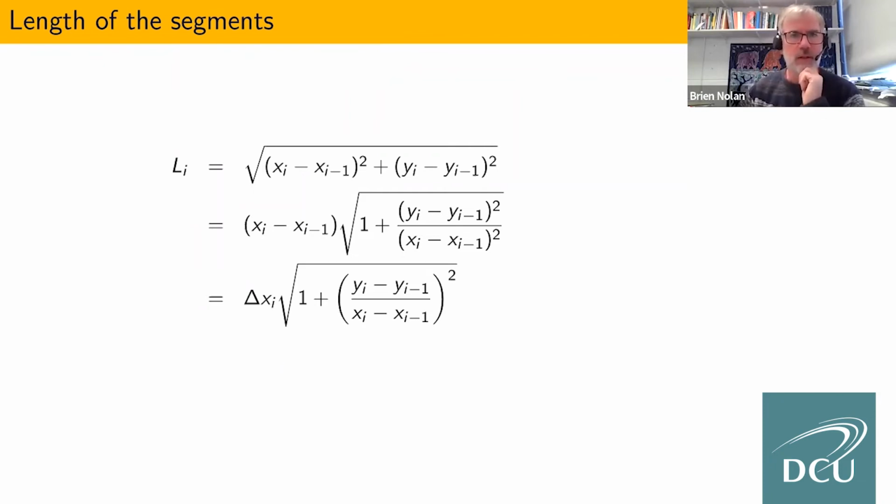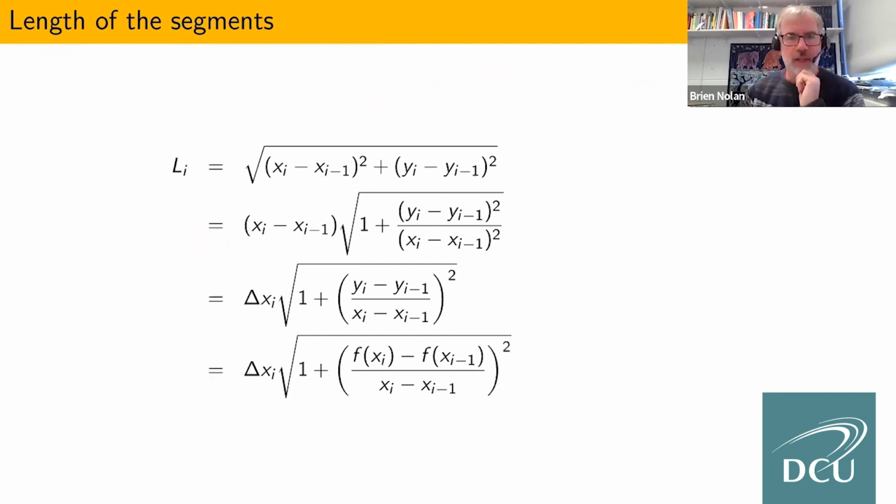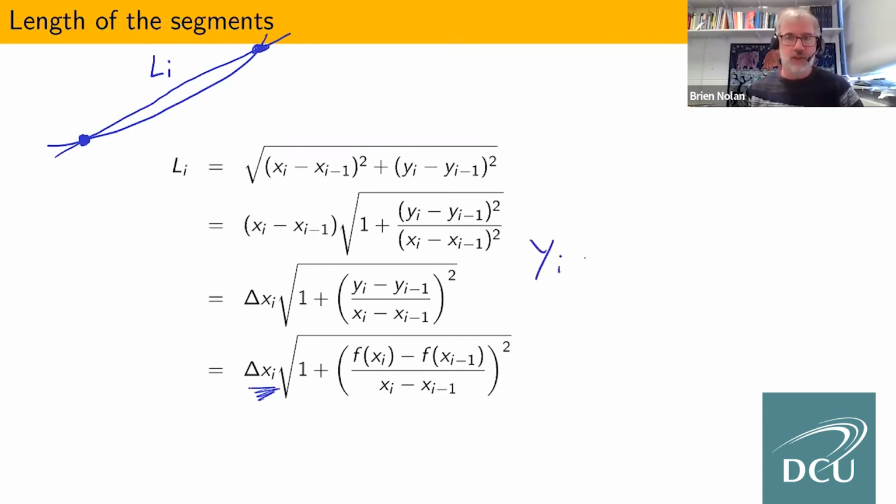So there's our formula for the length of each one of those straight line segments that's cutting across the graph of the function. The ith one has that length, and it's all in terms of the width of the subinterval and the function values. So I've brought back in the f, using y sub i as f of x sub i and so forth.